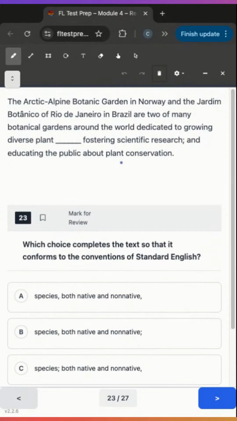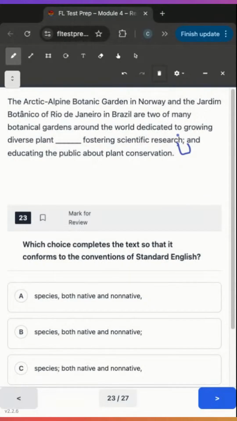So let's take a look. Let's see if we can find the pattern. The Arc Alpine Botanic Garden, Nora and Jardin Botanico Rio de Janeiro are 2 of the many botanical gardens around the world dedicated to growing diverse plant species, both native and non-native, fostering scientific research, and educating the public about plant conservation. So clearly each item is dedicated.